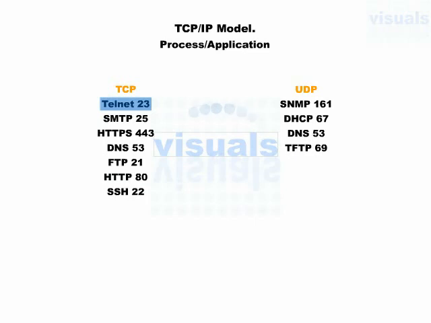Telnet uses TCP. The port number 23 is assigned to Telnet by the Internet Assigned Numbers Authority. Telnet means teletype network.